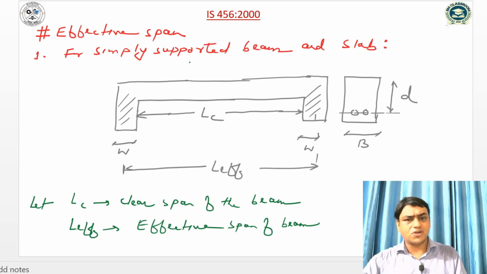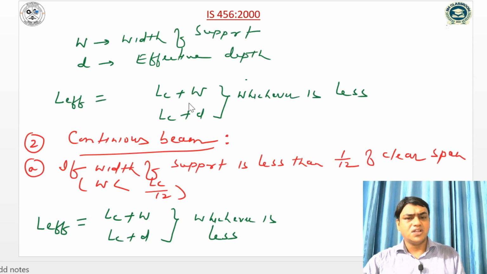So we can see that for a simply supported beam, the code suggests that the effective span is equal to the sum of clear span plus width of the support, or the sum of the clear span plus depth of the beam, whichever is less. For a continuous beam, if the width of the support is less than 1 by 12 of the clear span, then the effective span is the same as the simply supported beam.